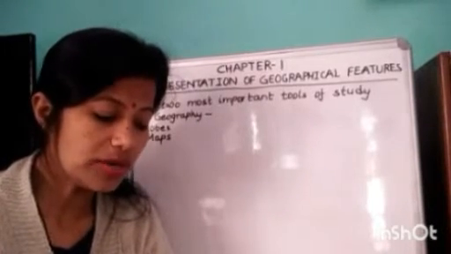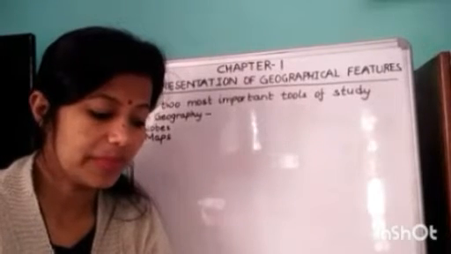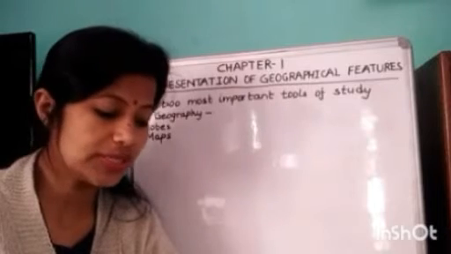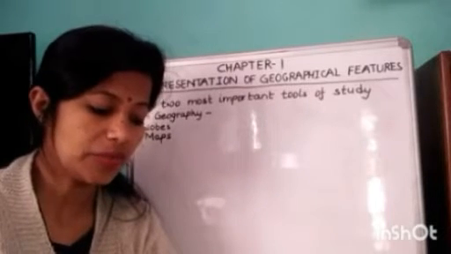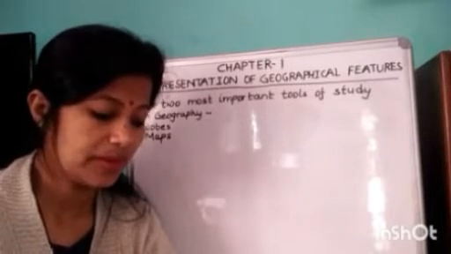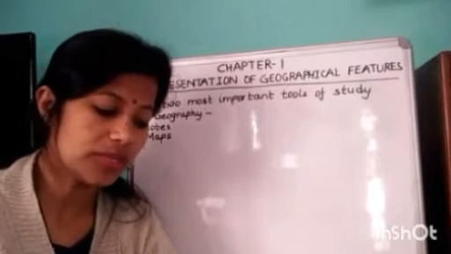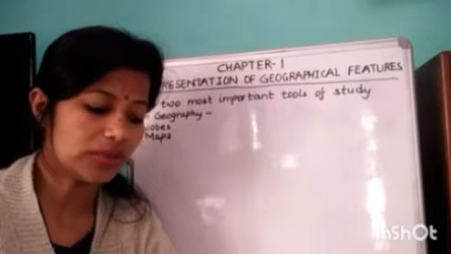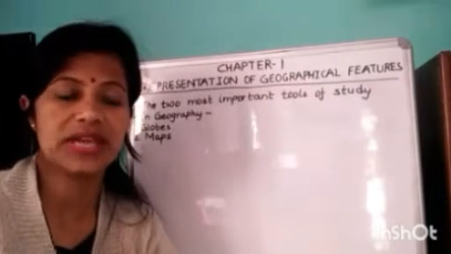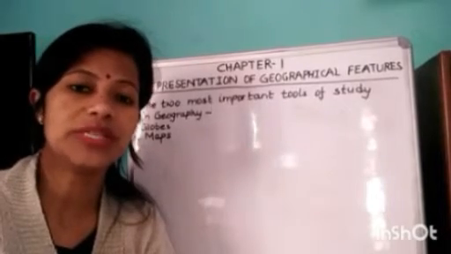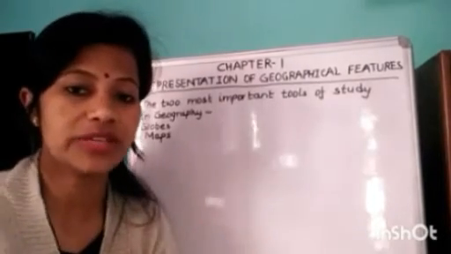Also, they do not represent the accurate shape of continents and oceans. This is due to the fact that on a map, the spherical shape of the earth is represented on the flat surface. How can we represent a spherical shape of an object on a flat surface?